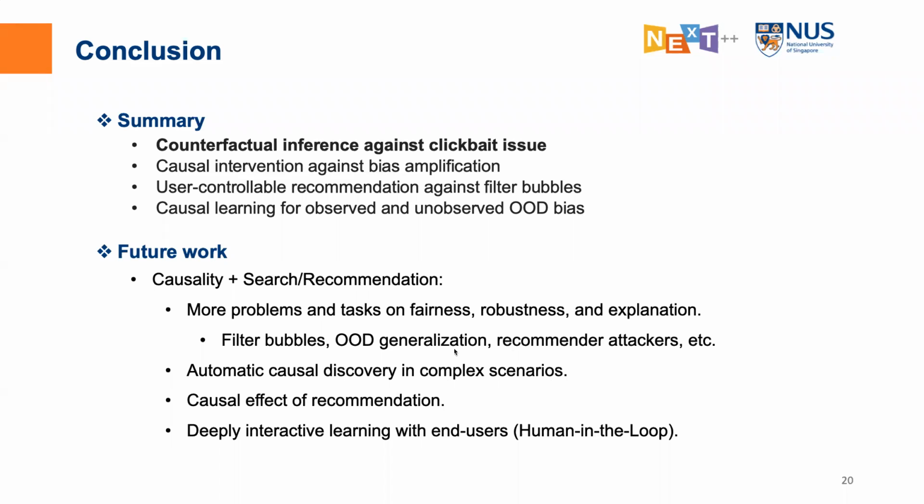Maybe for this kind of scenario, automatic causal discovery can be designed by considering the user interaction. Maybe users can give more signals to help us discover the causal relations. Yeah, just some naive ideas.